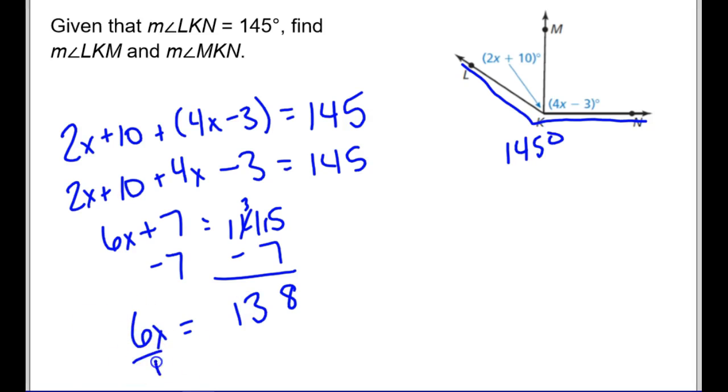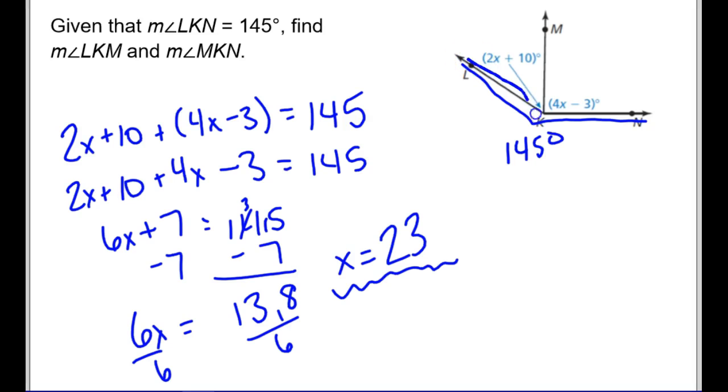Now I want to divide by 6. So x equals, 6 goes into 13 twice with 1 left over, 6 goes into 18 three times. So my x is 23. I'm not quite done yet, because I was asked to find the measure of LKM, which is this piece, and MKN. So I want to find the measure of both of the smaller ones.